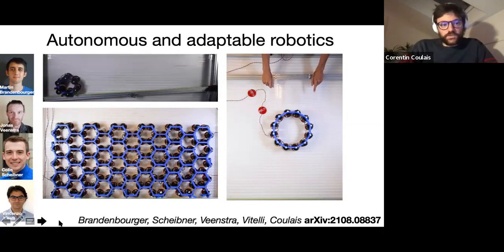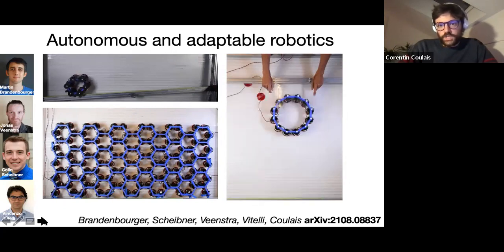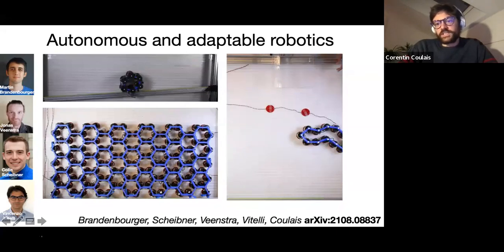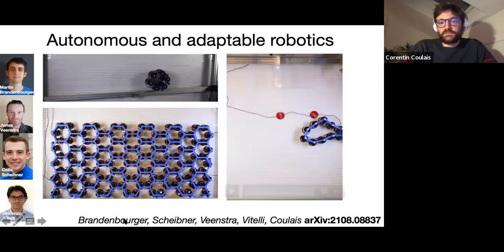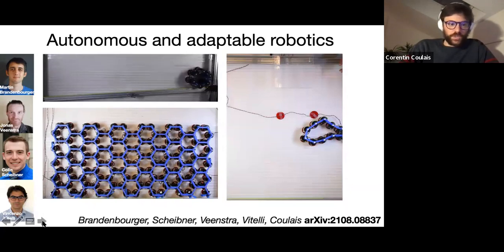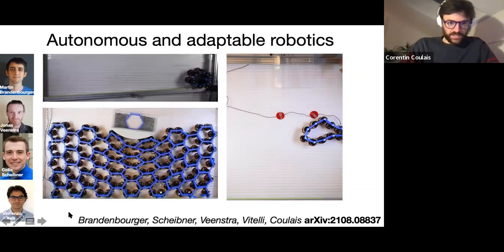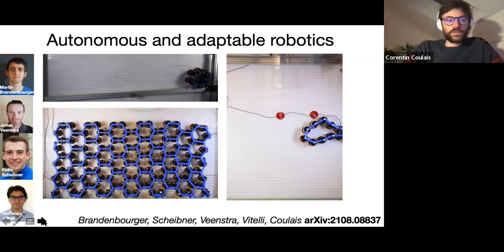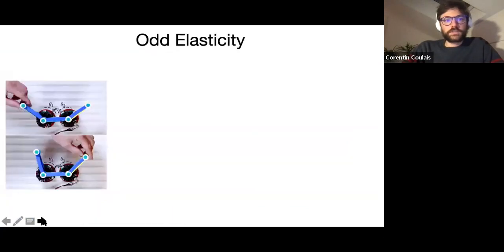And you can also generate strange responses to impact. You see that here I create an impact and I can deflect and amplify the impact thanks to those weird deformations. And this is the first video I showed you before, where you can deflect the impact in an odd robotic medium.